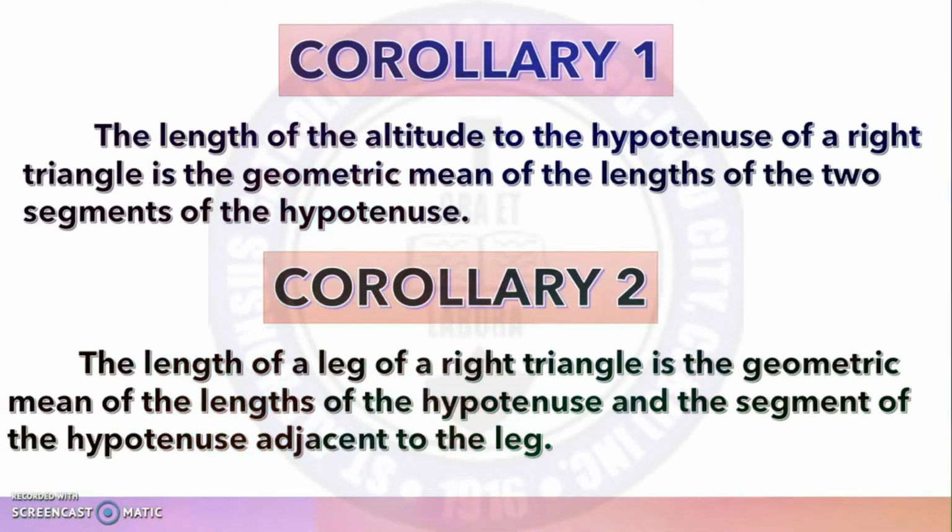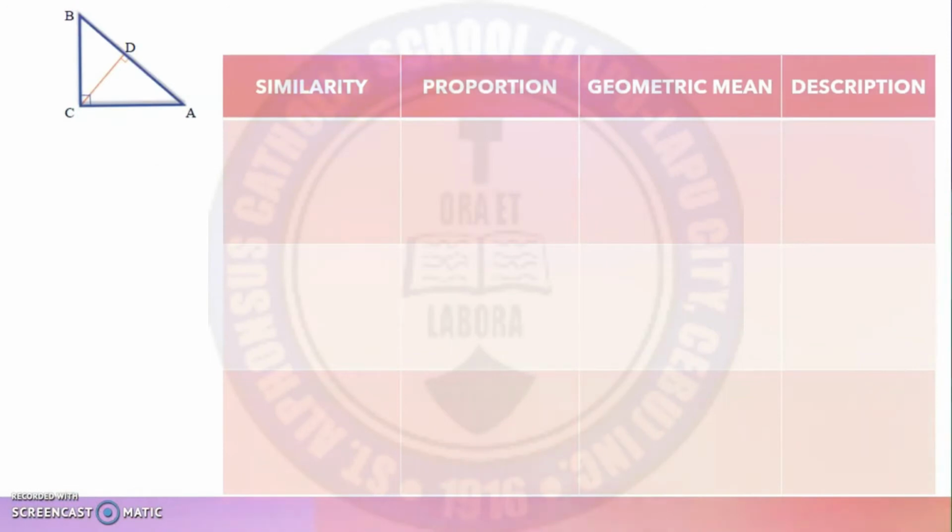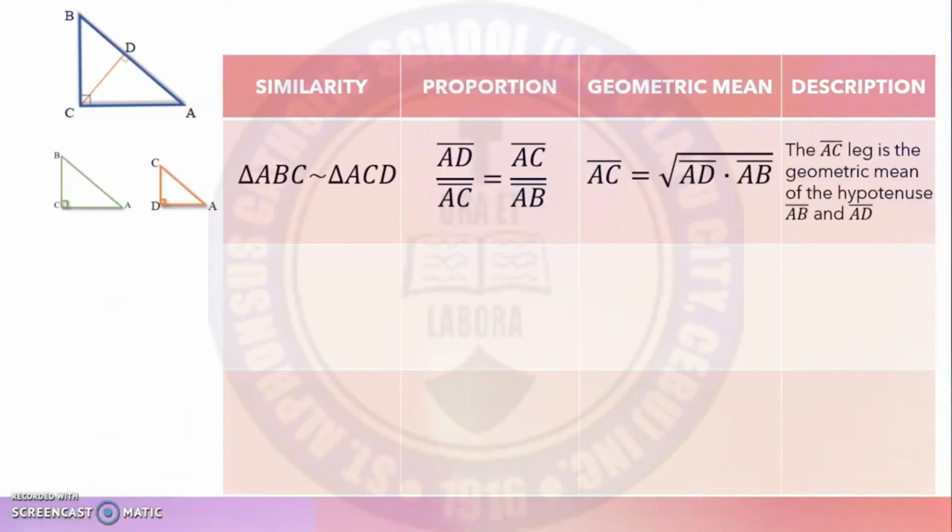So for you to understand these two corollaries better, we're going to have a table. For example, given an original right triangle ABC, we will tackle first the two similarity statements. First, the original triangle ABC and the other right triangle ACD.